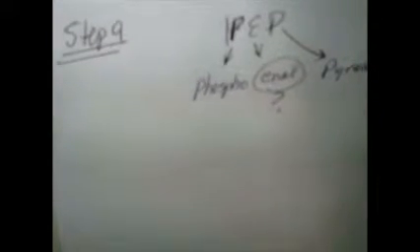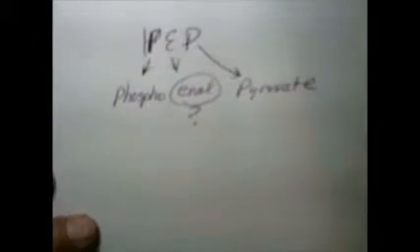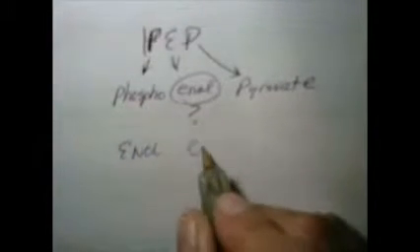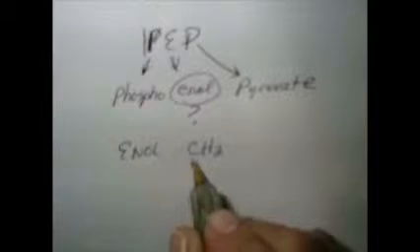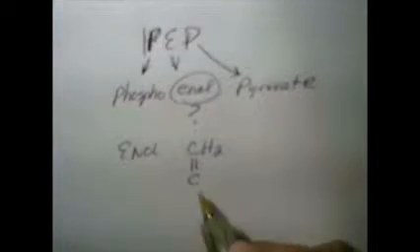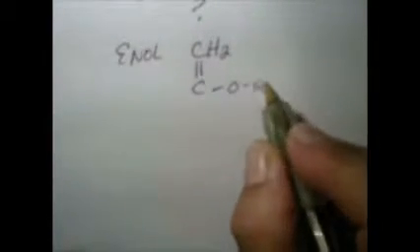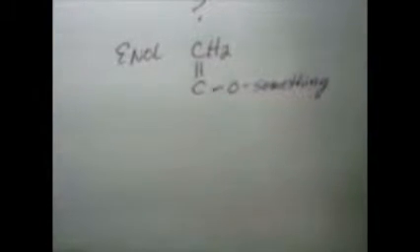Enol. Let's see what an enol is. An enol is anything that has a CH2 and that carbon double bonded to another carbon, and then an O something. So this is an enol.